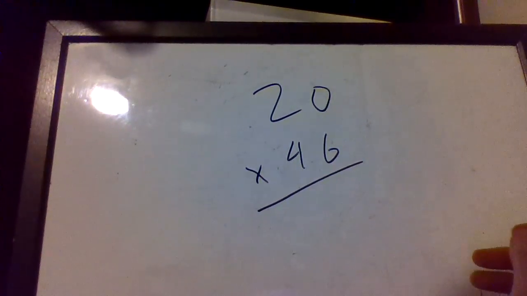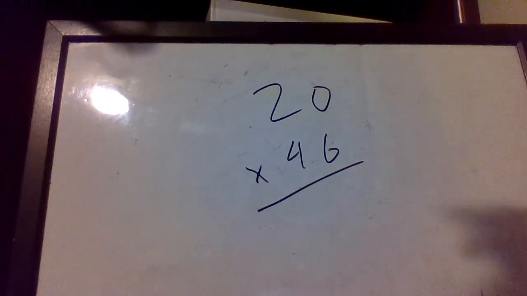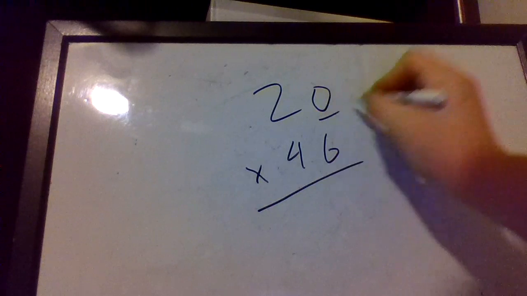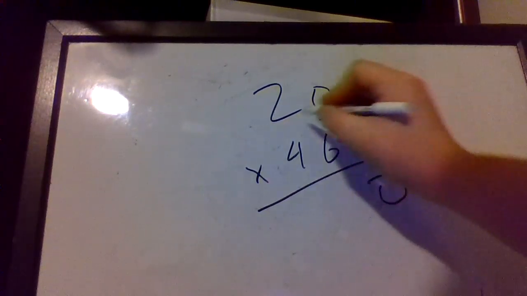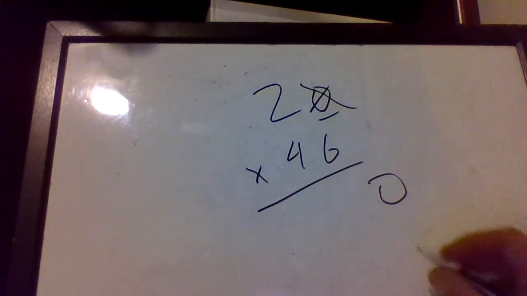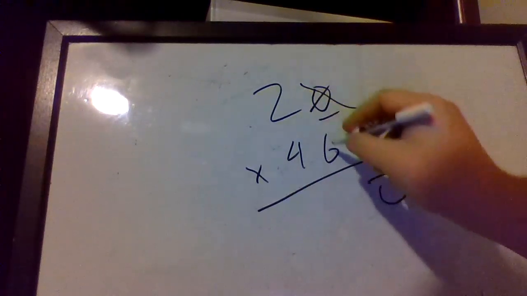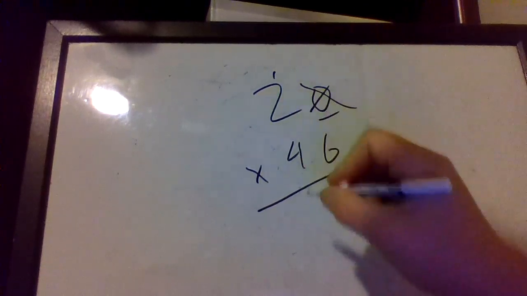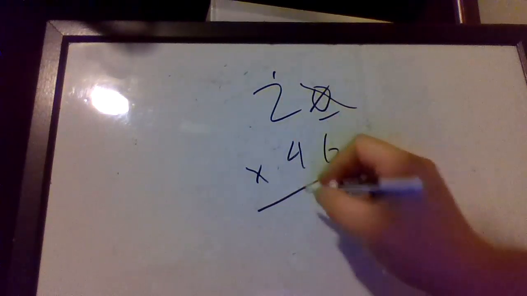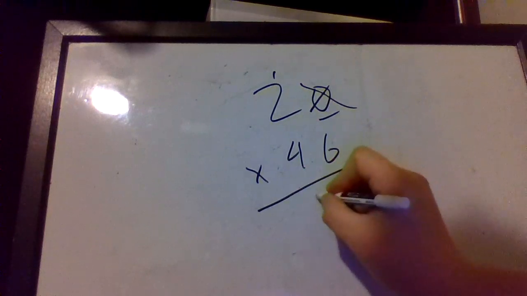Yes, this is 2 digit by 2 digit, but because we have a 0 here, the 0 is going to come down here, and we don't need to worry about it anymore. Now we're just going to multiply 2 by 6, which is 12. We carry a 1, and 2 times 4 is 8, plus the 1 that we carried is 9.